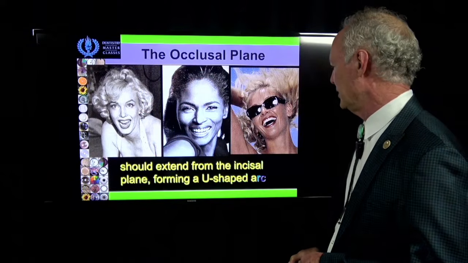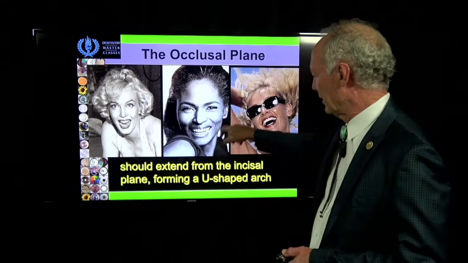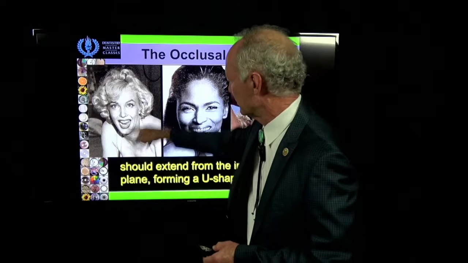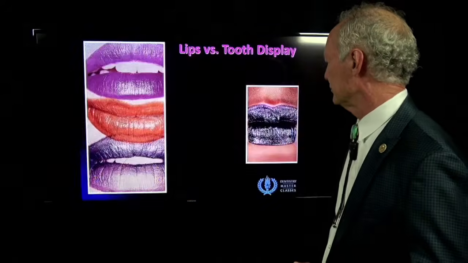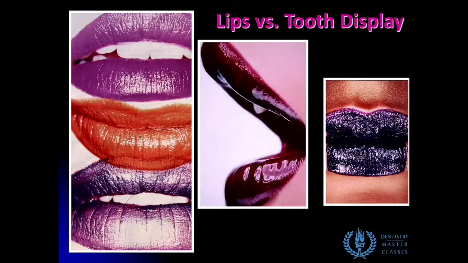The occlusal plane should extend from the incisal plane, forming a U-shaped arch, just like I was talking about. Should be a U shape and not a big step between the incisal plane and the occlusal plane. See how it, lips versus tooth display.